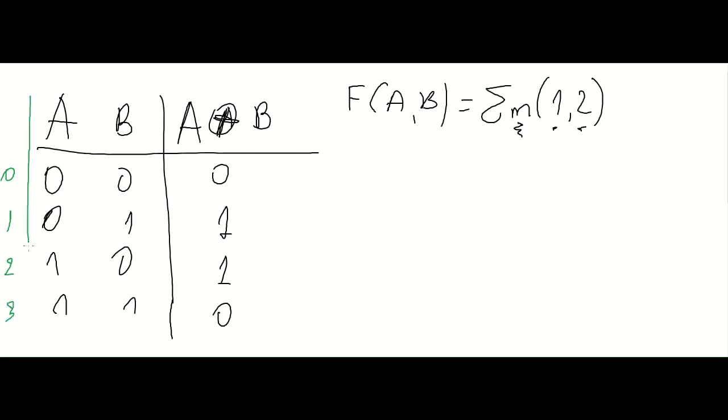And actually these lines correspond to the binary notation of a decimal number. So decimal 0 is the binary code 0, 0. Decimal 1 is the binary code 0, 1. Decimal 2 has the binary code 1, 0. Decimal 3 has the binary code 1, 1.